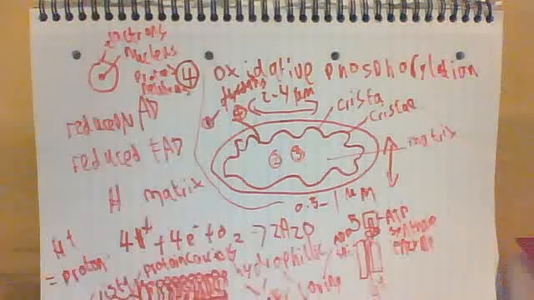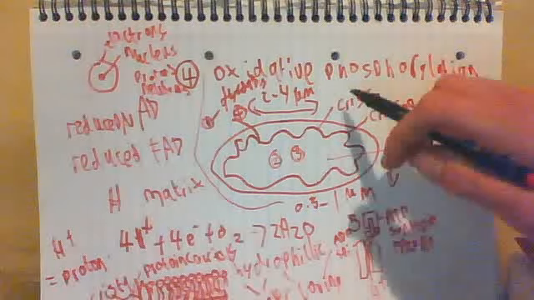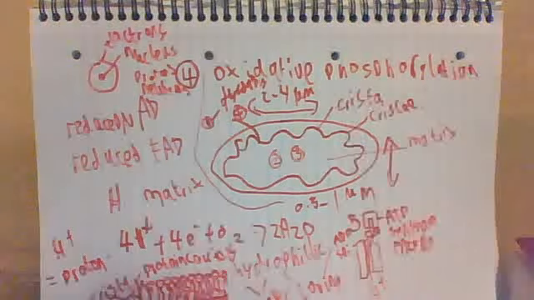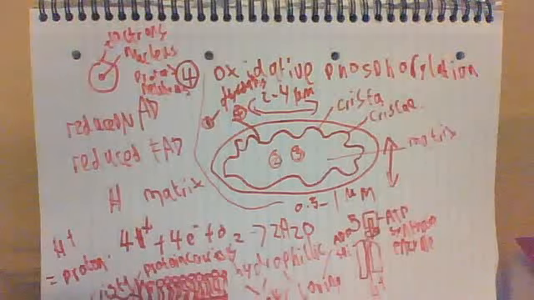So in your cristae, what basically happens is your FAD and your NAD provide these hydrogen ions from the hydrogen atoms, which split into hydrogen ions and electrons. The hydrogen ions flow across the cristae, this inner membrane, into the intermembrane space.